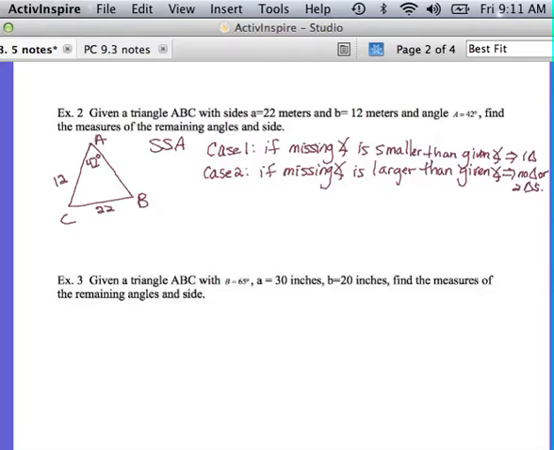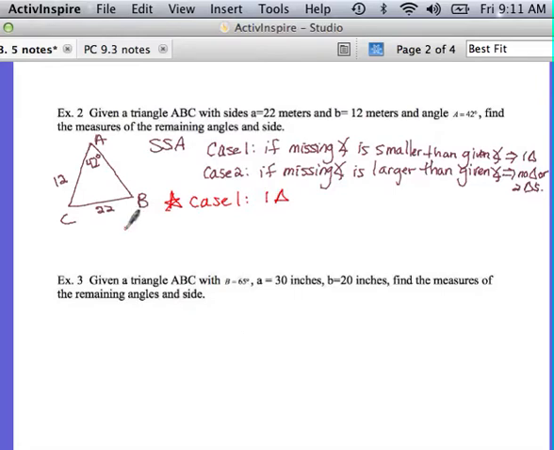Across from angle A, 42 degrees, is a side that's 22. If the side across from B is 12, what can you tell about angle B? Is it bigger or smaller? Smaller. So this one is case 1, and we're going to get 1 triangle.